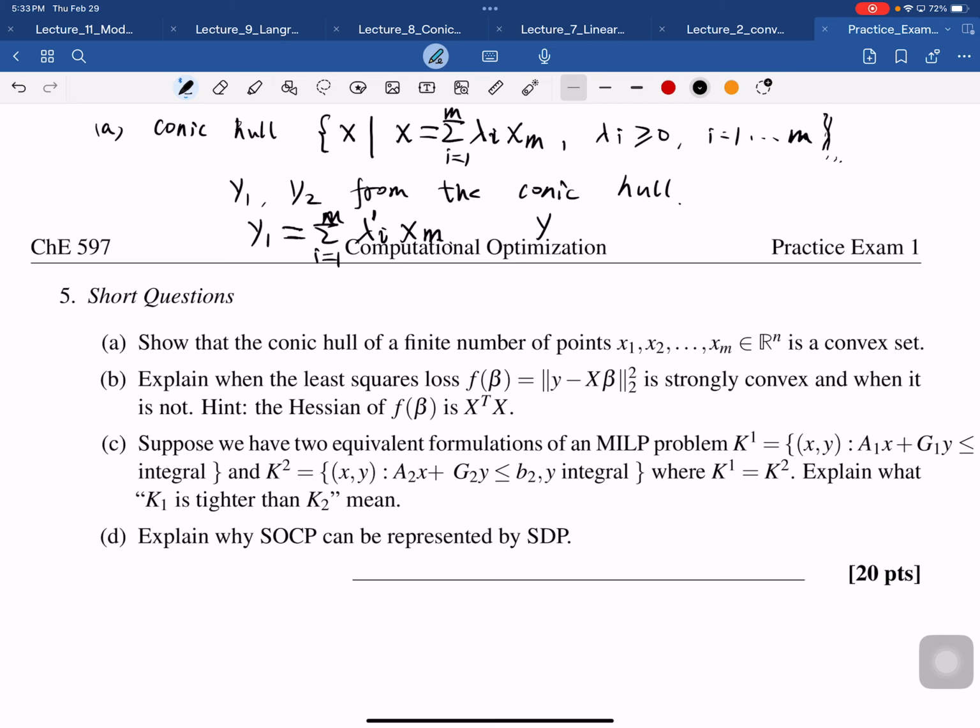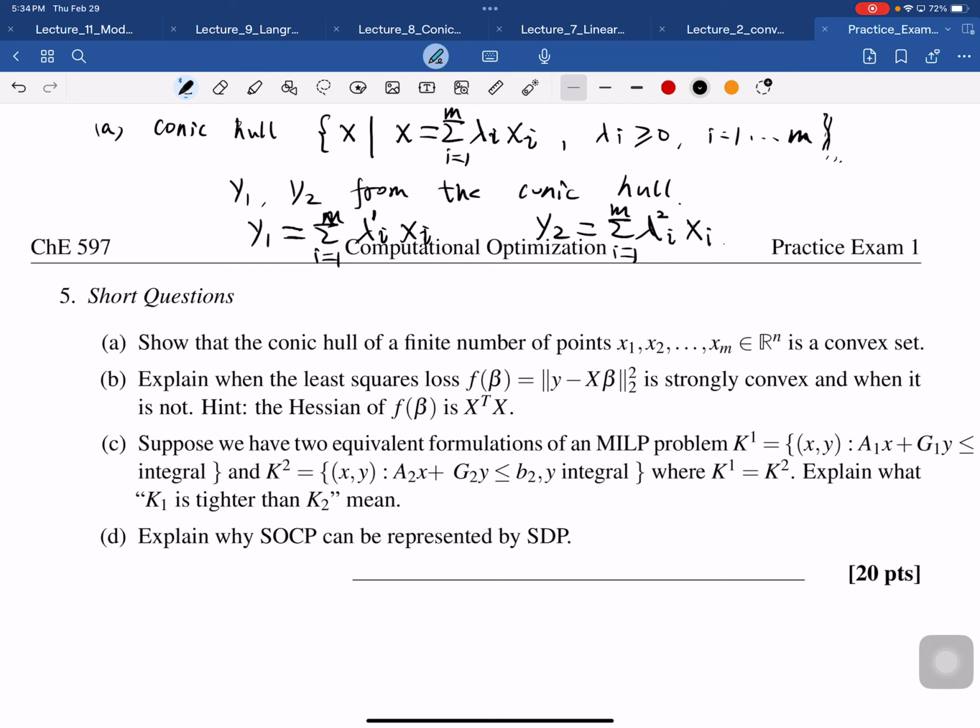And then y2 can also be expressed as some conic combination of those finite points, with coefficients lambda 2i. Yeah, I should write this as xi here. So those are the definitions.